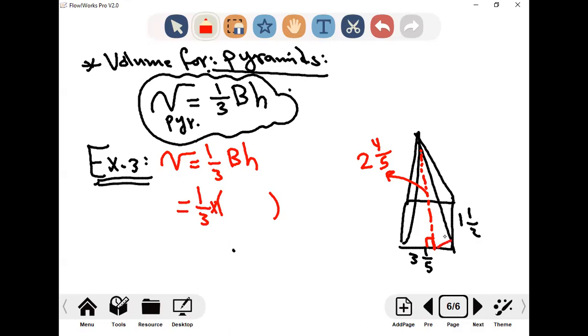This is the base. It is a rectangle. What's the area of the rectangle? Length multiply width. Multiply 3 and 1 over 5 by the width 1.5. This is B. Multiply by the height of the pyramid. How much?